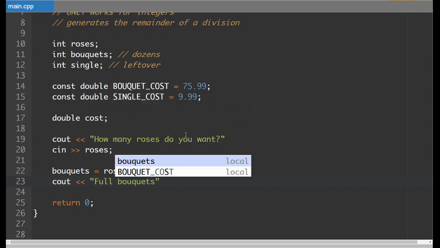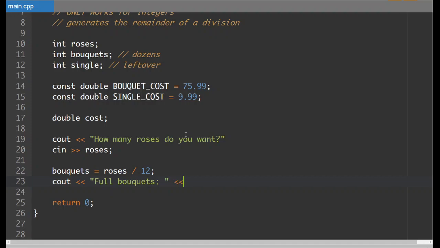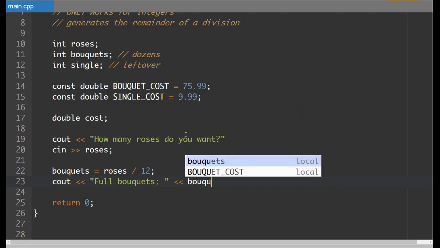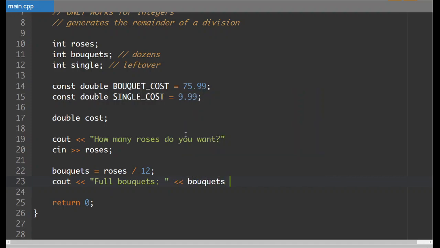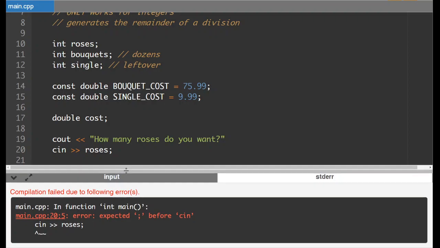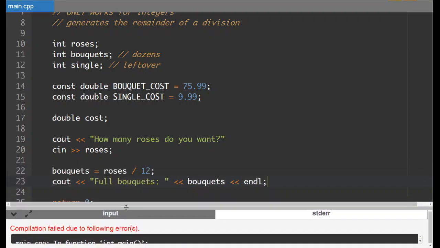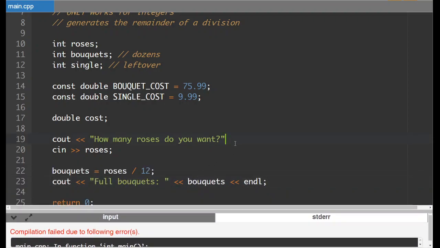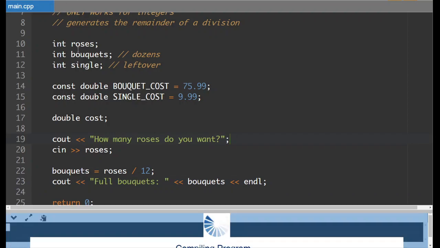I'm having the hardest time spelling that word. Okay, so let's see what we've got. So I'm going to run the program. Oh, what did I do here? Oh, definitely need semicolons at the end of the lines of code.